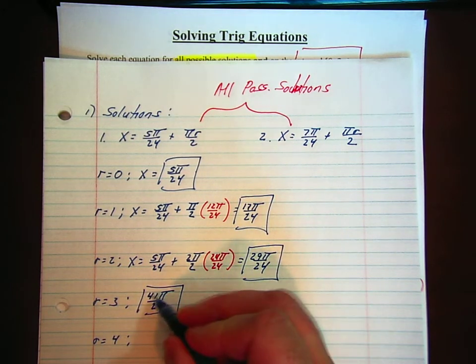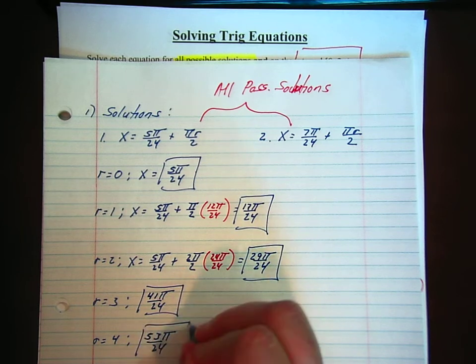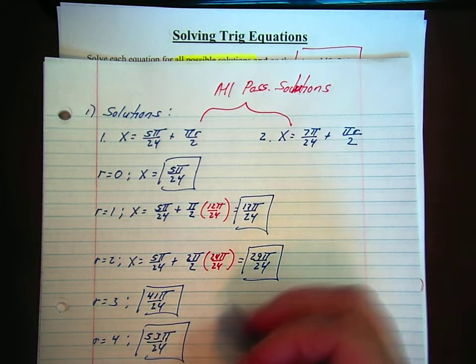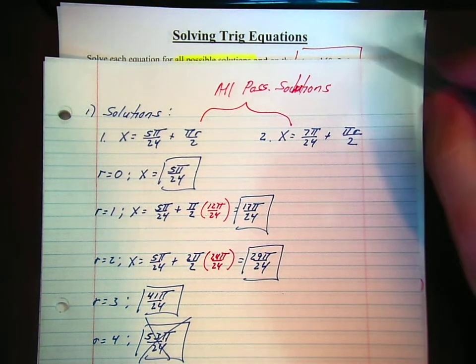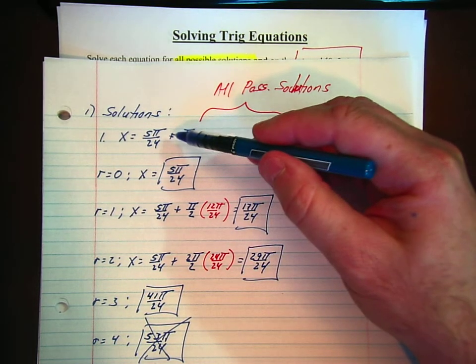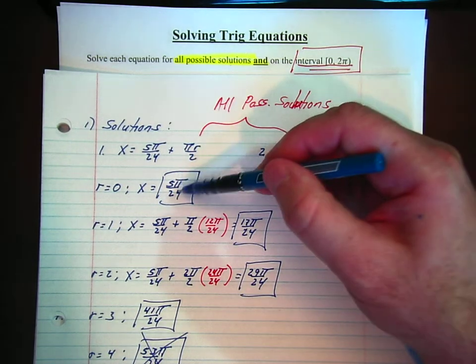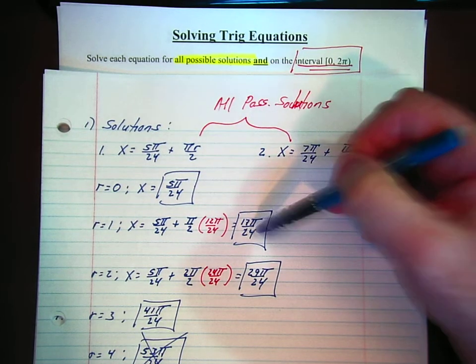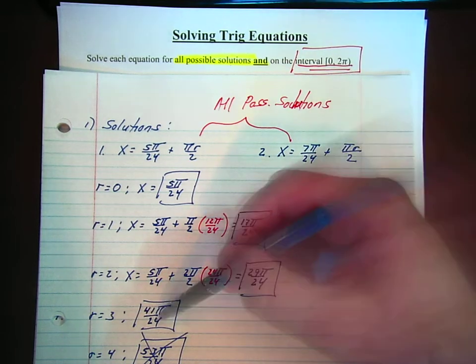If I add another 12 to this, that's going to be 53 pi's over 24. That's bigger than 2 pi, so that one fails, and there's your 4 answers. So this equation gives you 4 answers between 0 and 2 pi. You got 5 pi over 24, 17 pi over 24, 29 pi's over 24, and 41 pi's over 24.